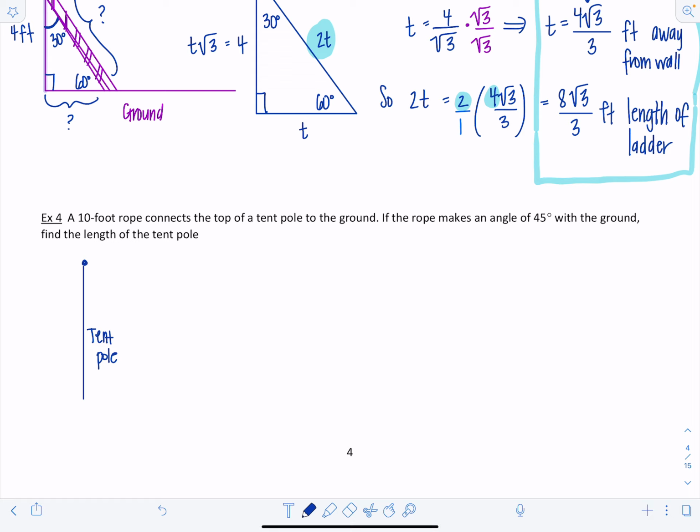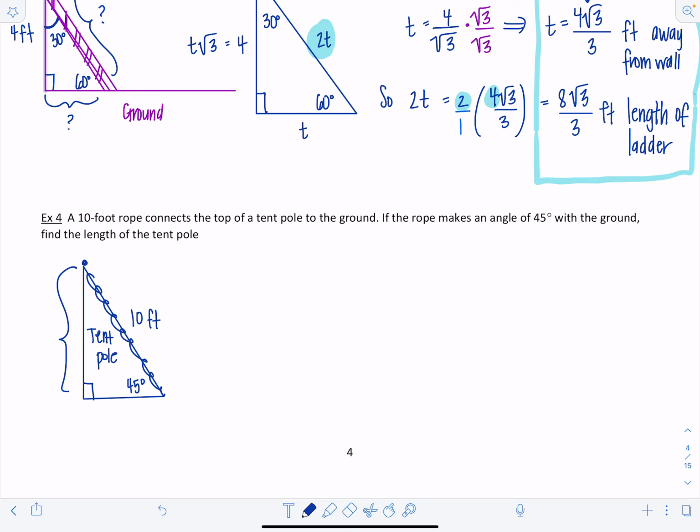And a 10-foot rope connects it to the ground. So this is a rope, and it's 10 feet long. And they're telling us the rope makes an angle of 45 degrees with the ground. Find the length of the tent pole. So they want to know what this length is.